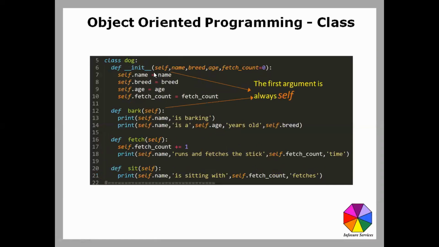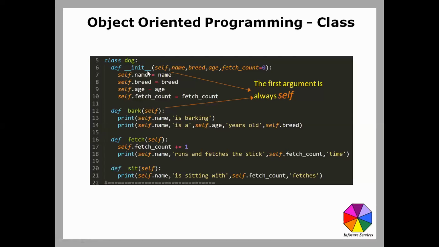Another example of a class, here is class dog. Here is initialization. I could default a value fetch count to 0. Then I'm initializing the constructor. Now, in terms of syntax, the constructor with this def init should be the first function you define inside a class.